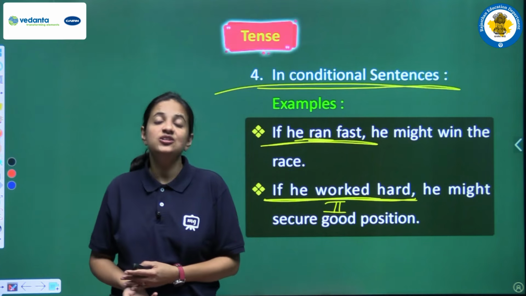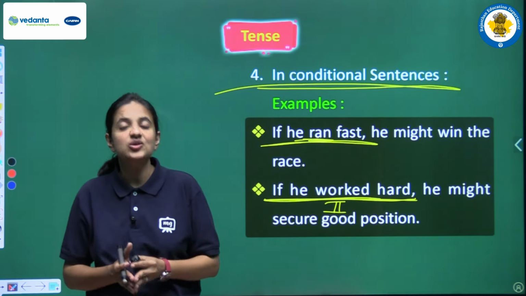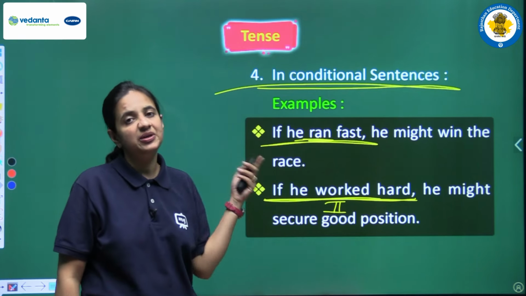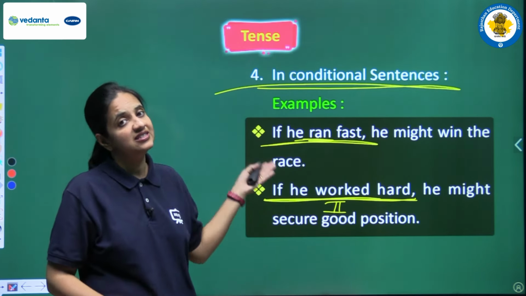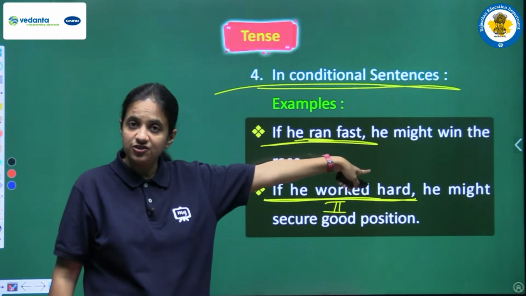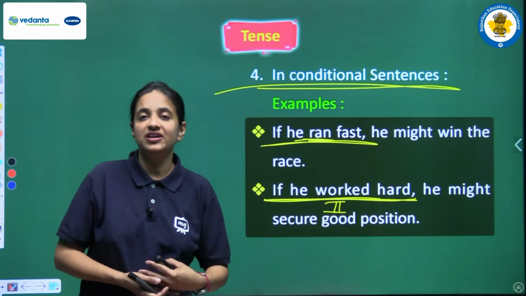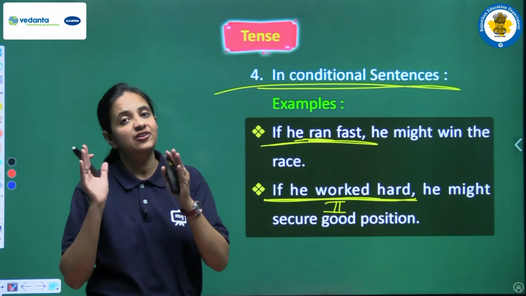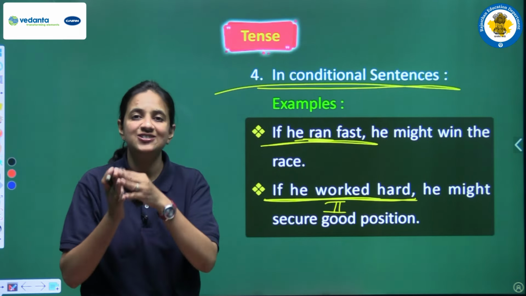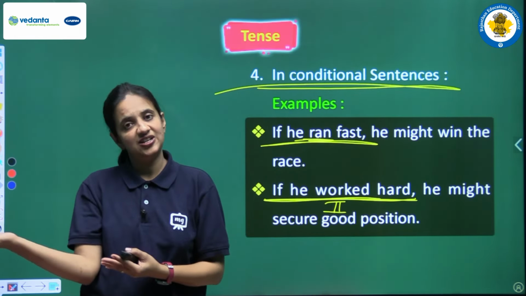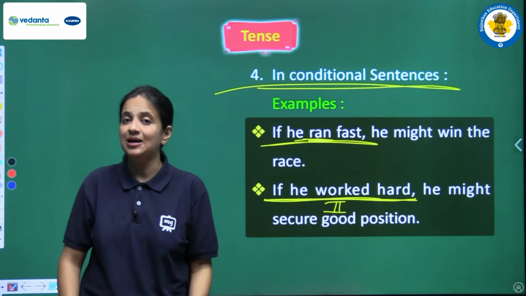So yes, this tense is used in conditional sentences also, and in that case this will be the structure in which the condition will be in past simple tense and in the result clause we will have might plus first form. Okay, we will read all the different patterns, all the different structures of conditional sentences, but right now just understand that this tense is also used in conditional sentences just like present simple tense. हम उसमें ही पढ़े थे conditional sentence, हमने examples भी करे थे.